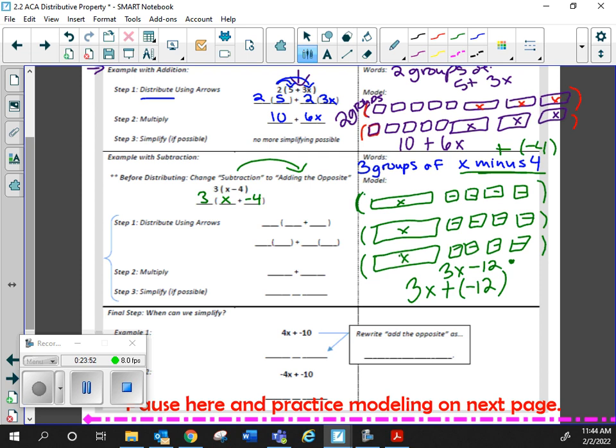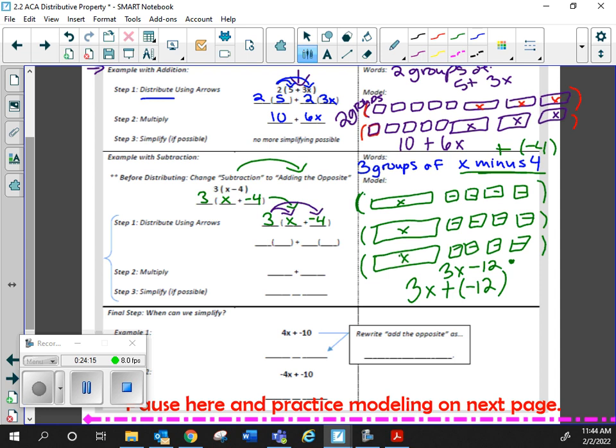Again, subtraction throws me off, so I like saying adding the opposite. Okay, and then I'm just going to copy this right here: 3 groups of X plus negative 4. To distribute means to multiply to both terms. Draw your arrows.